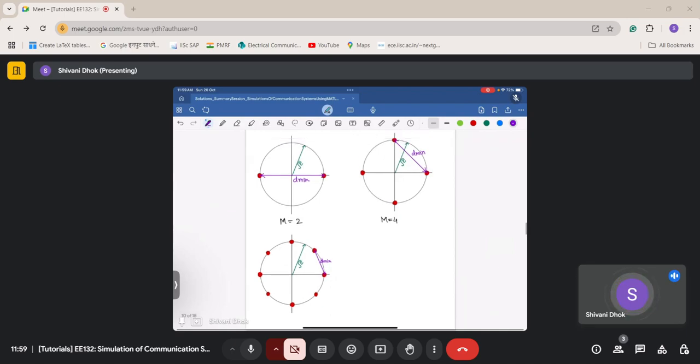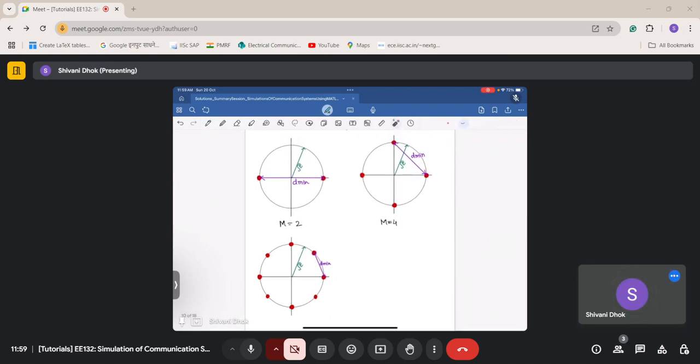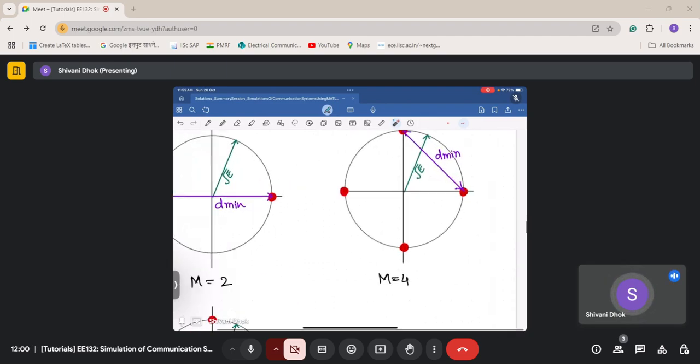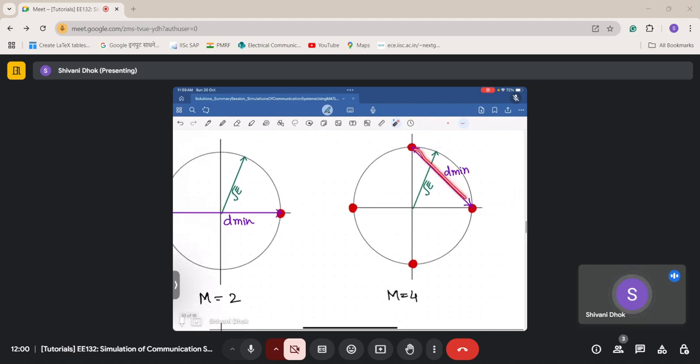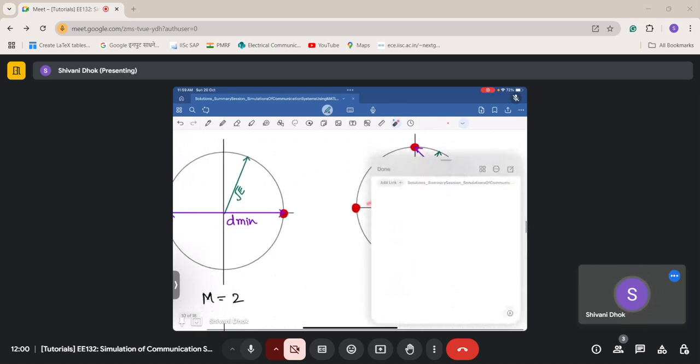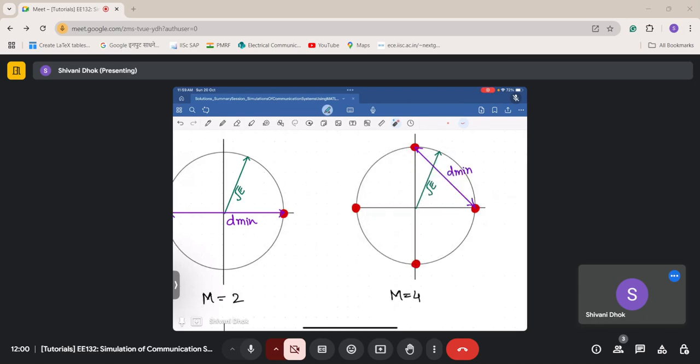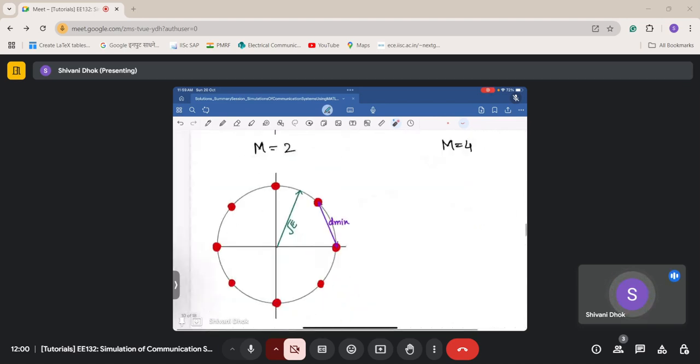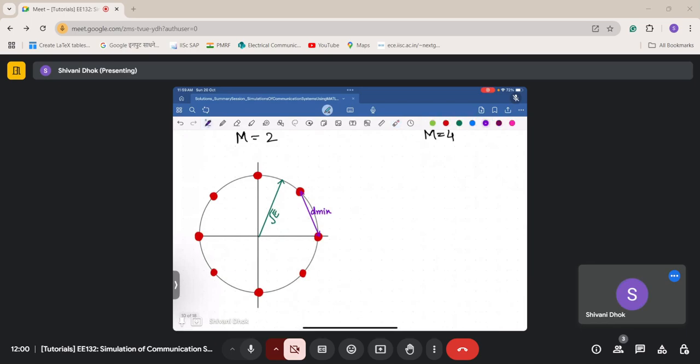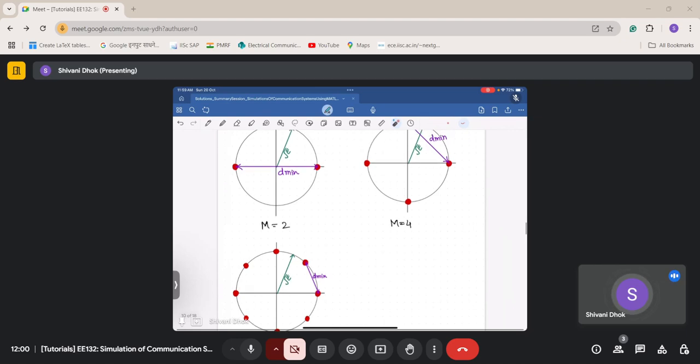Okay. So now if you look here, for M equal to 2, this entire diameter was your minimum distance. When you increased your M to 4, this became your minimum distance, which is definitely smaller than your diameter. Then when I increase it further to M equal to 8, the minimum distance is only this much, which is again less than the minimum distance for 4.